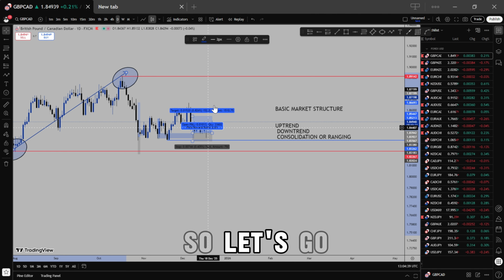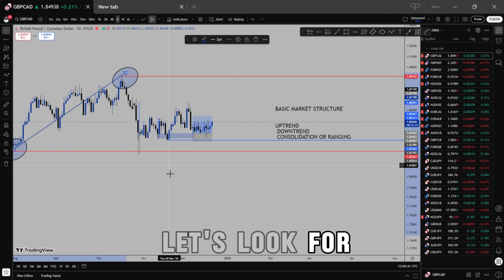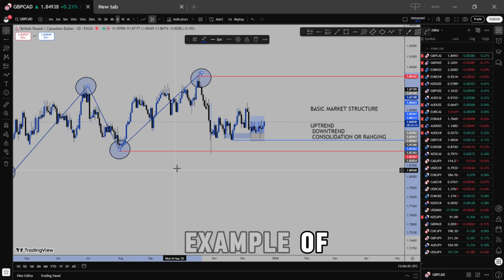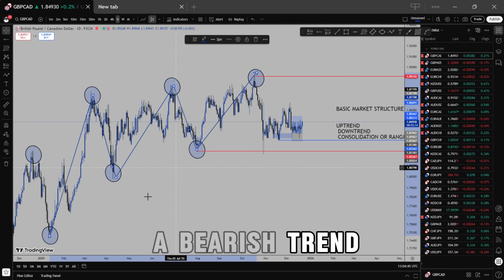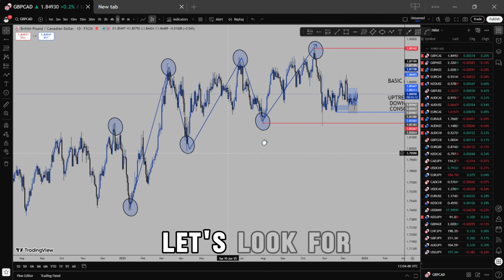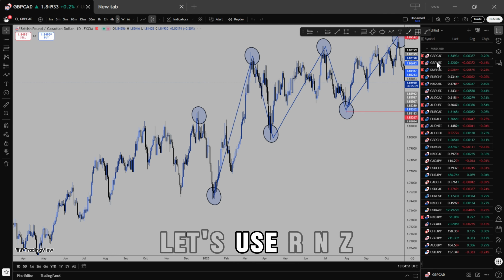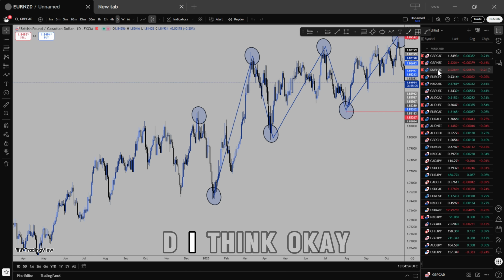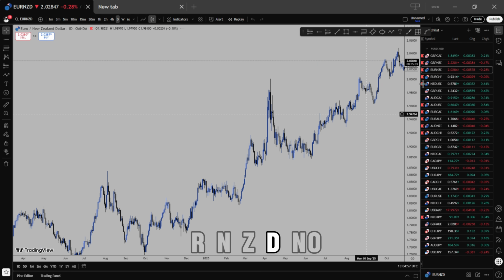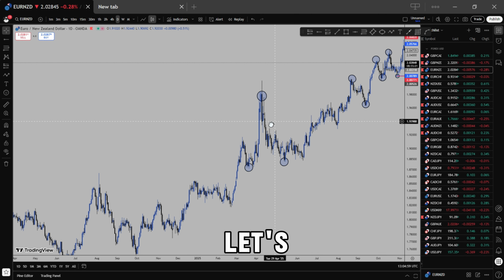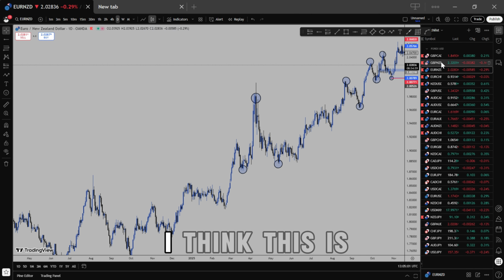So let's look for an example of a bearish trend. Okay, let's use UNZD. No, it's bullish. Let me check GBPNZD, and I think this is bullish too.